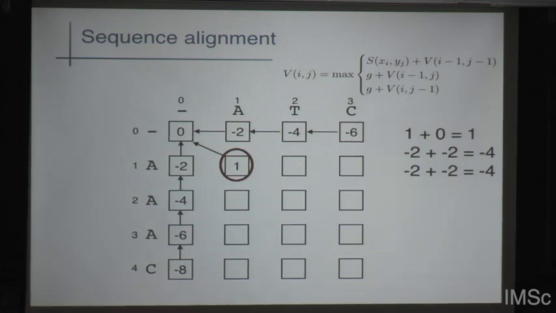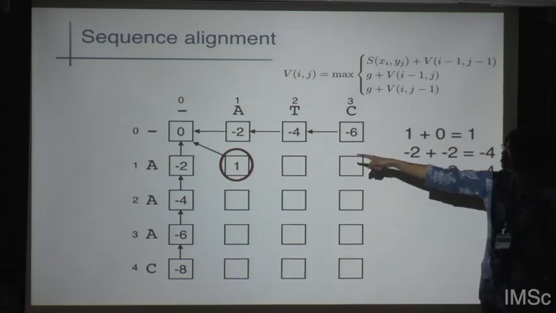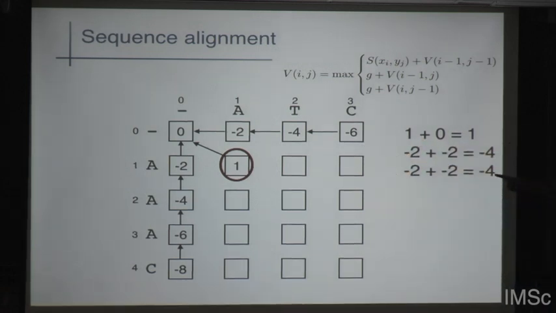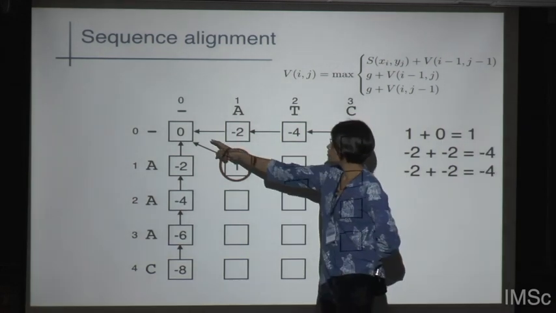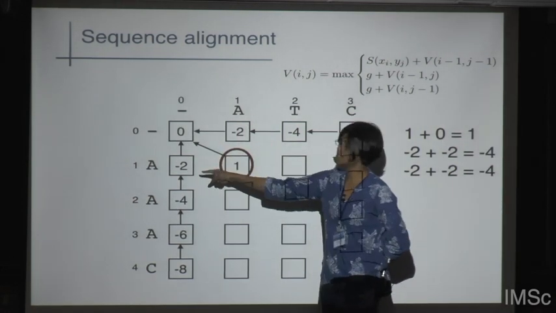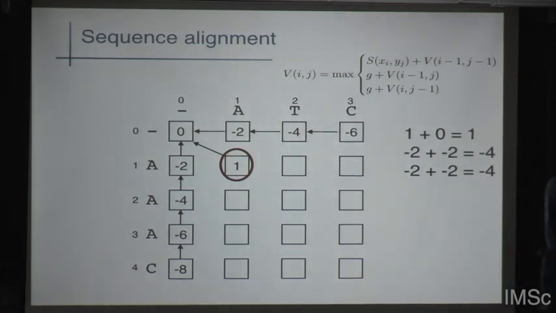Now to remember how you got there, you put that arrow. What does this arrow say? There is no gap. You have to align me with whoever is on my left, with my i index and j index. That is what the arrow says.